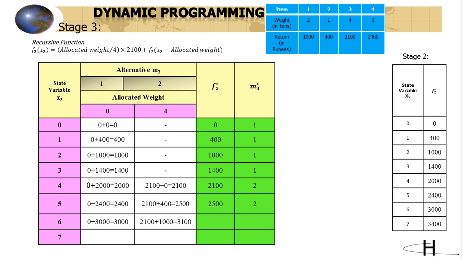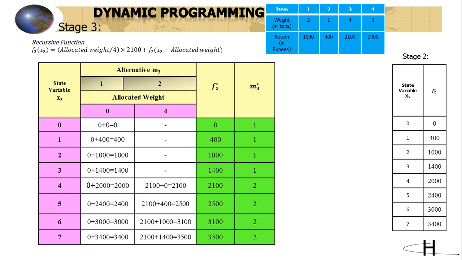The best value will be 3100 with respect to alternative 2. For x3 equal to 7, the values for 0 and 4 will be 3400 and 3500. The best value will be 3500 and the corresponding alternative will be 2. So in this way stage 3 will be completed.